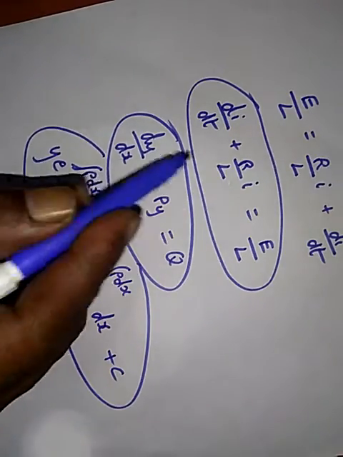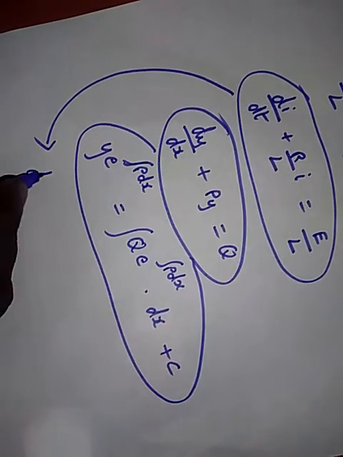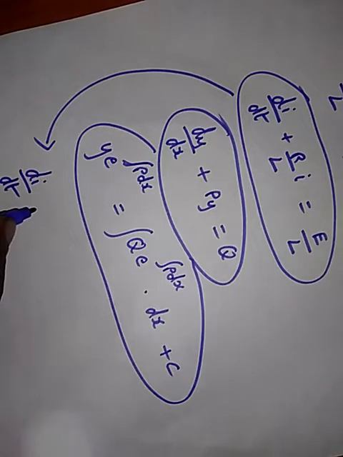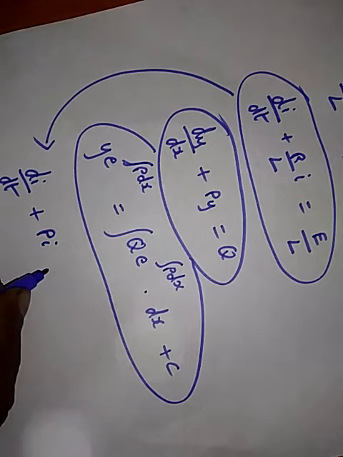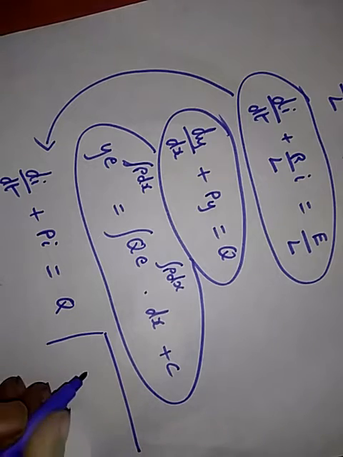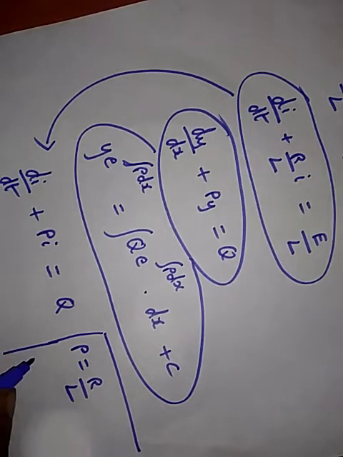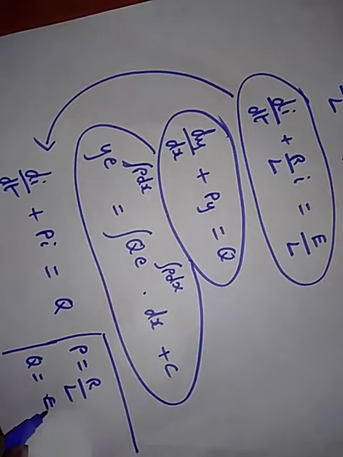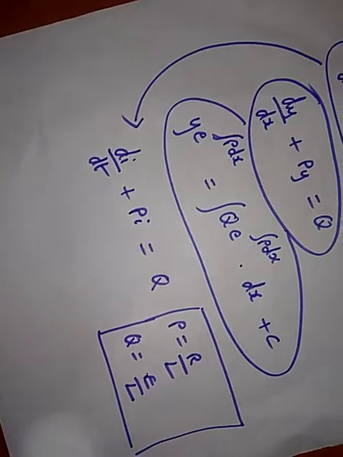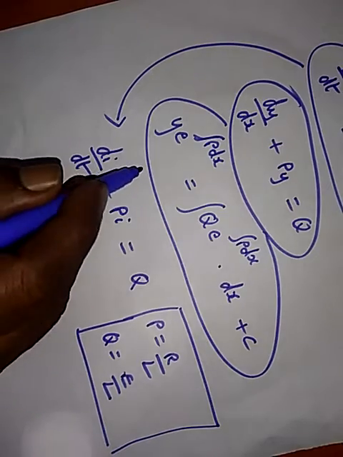Here you just see carefully. This equation is di by dt plus p i equal to q, where p is equal to R by L and q is E by L. Comparing these two equations, it is of the same format, so the solution can be readily written.